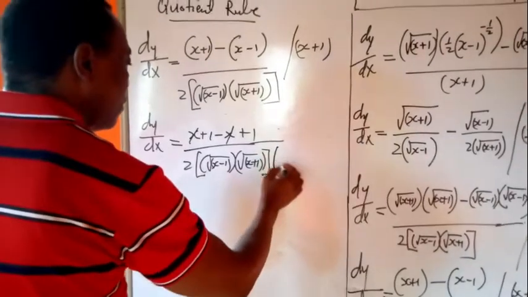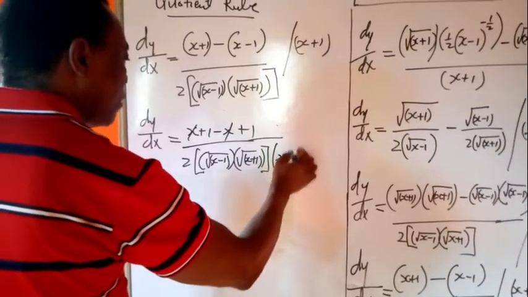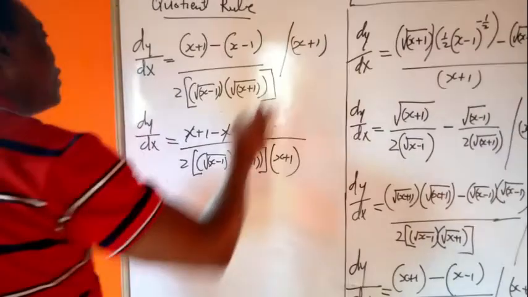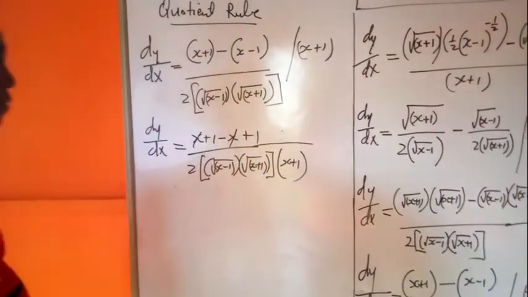So eventually it becomes x plus 1. So that we can take off this final denominator.